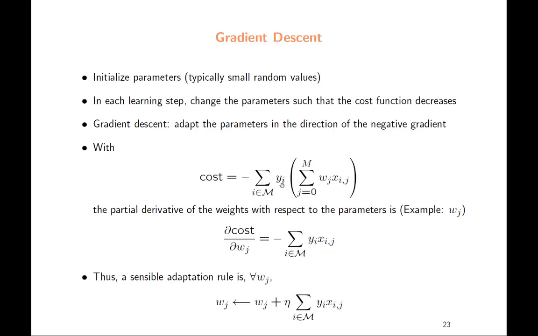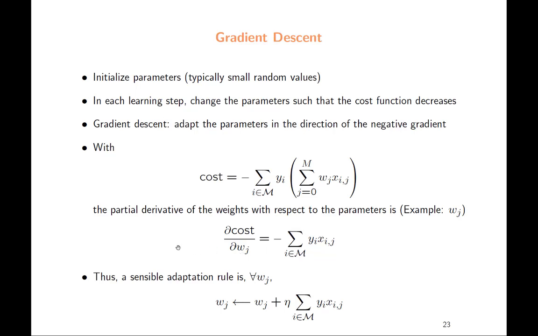So if you have ax and you take the derivative with respect to x, you're left with a. That's the same rule here. And so the cost is the sum over all misclassified patterns, yi times the corresponding input, which belongs to the component wj.